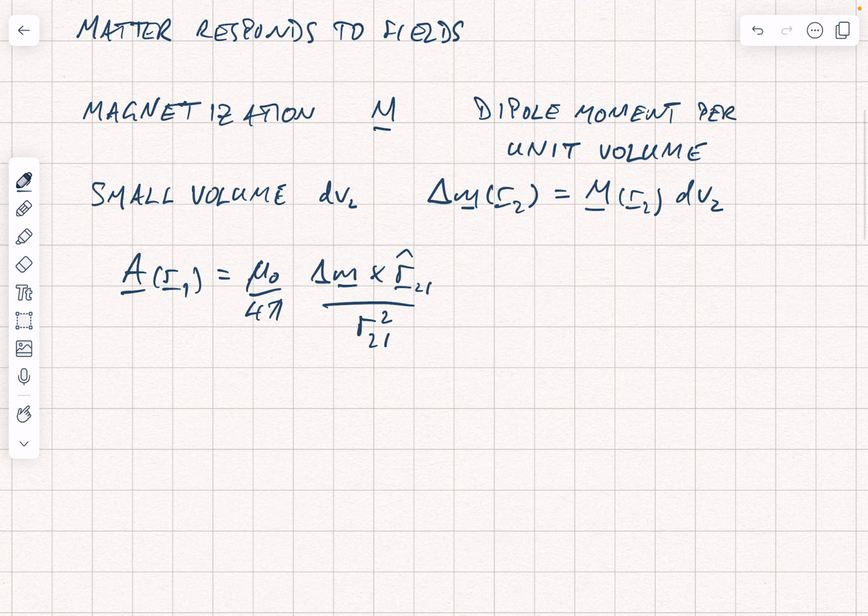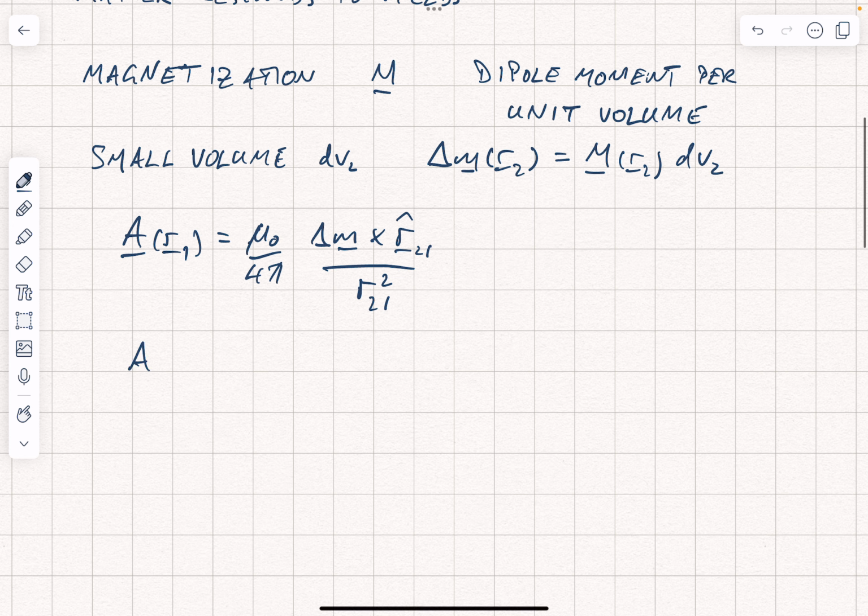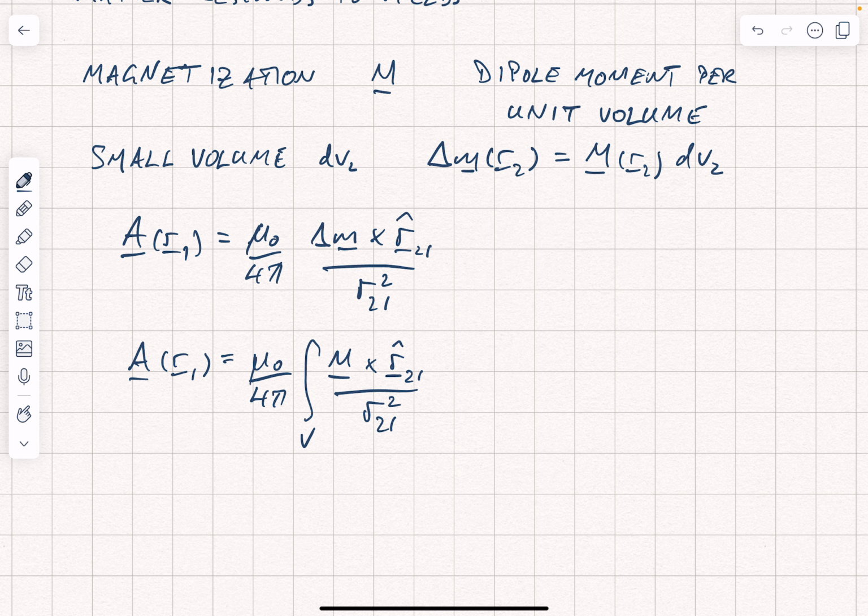So now let's integrate over the whole material, and when we do that we can write the following. We'll say that A at the position R1 is going to be given by mu naught over 4 pi, and then it's going to be a volume integral. I'll substitute for delta M and write that as capital M crossed with R21 hat divided by R21 squared dV2.